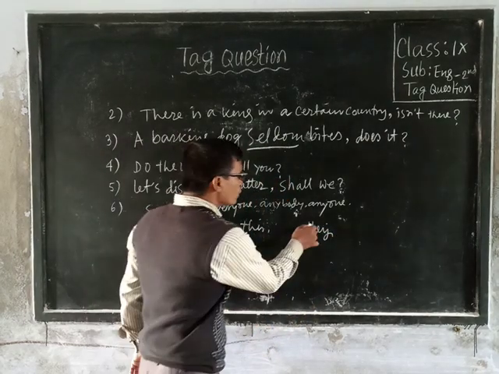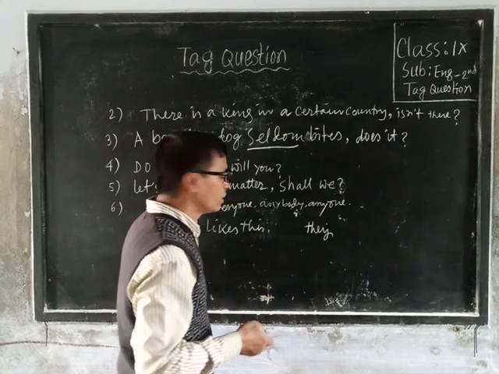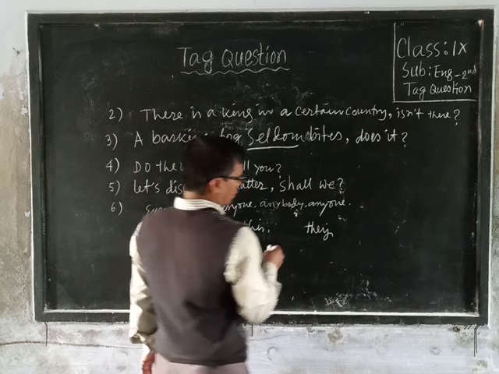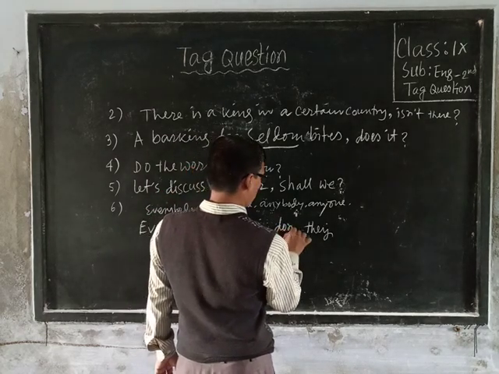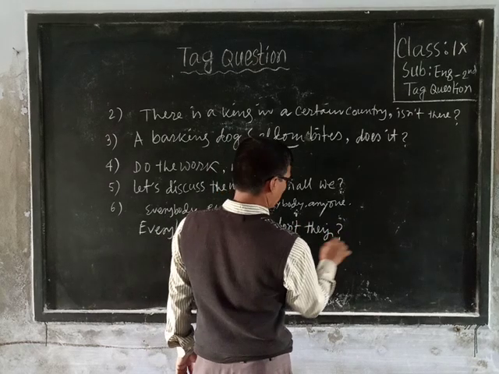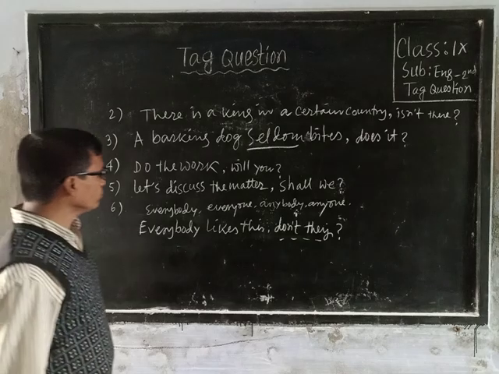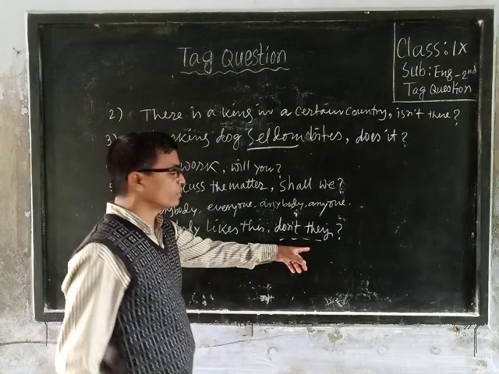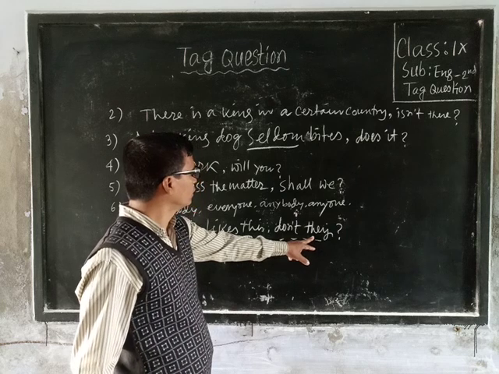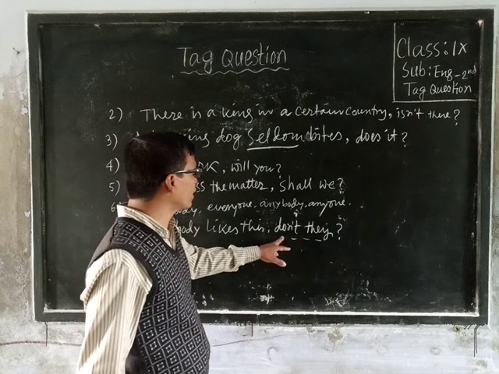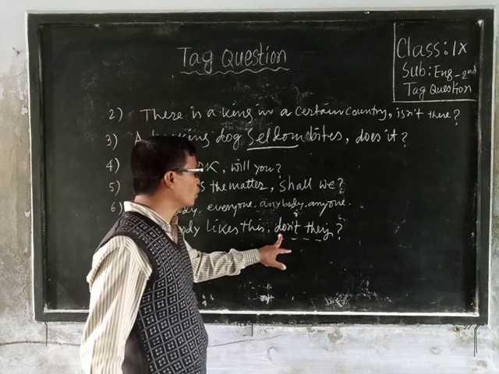So when we are using "they", definitely we will not use "does". So what will come here? Don't they. As our subject here is "they", we will not use "doesn't", rather we will use "don't".